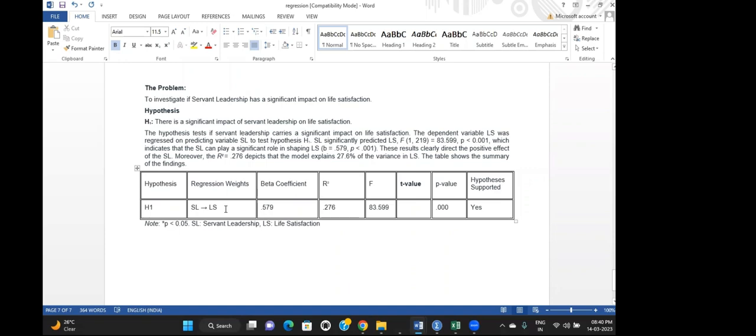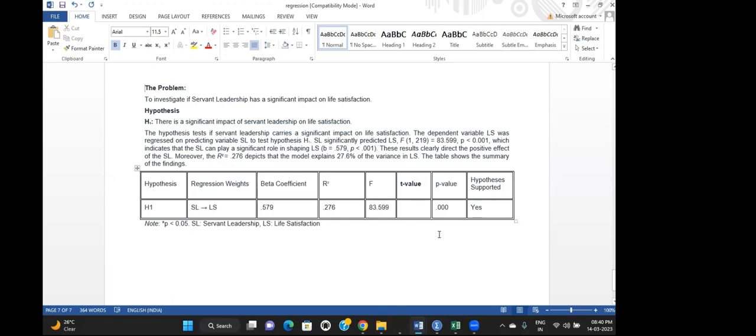There is a significant impact of servant leadership on life satisfaction. And the P value is less than 0.01. So it means that we accept this hypothesis, right? And how much it is impacting, that is 27.6%. So this is how you have to write this into your paper.